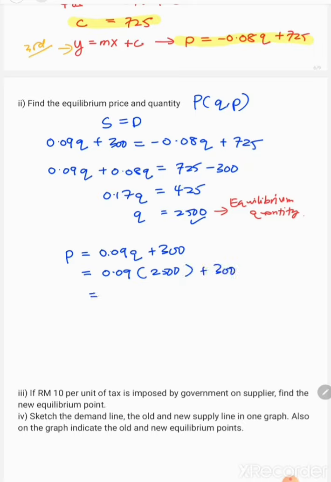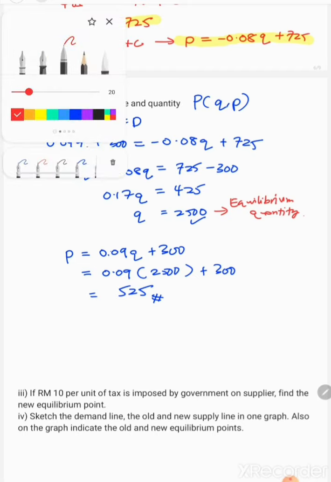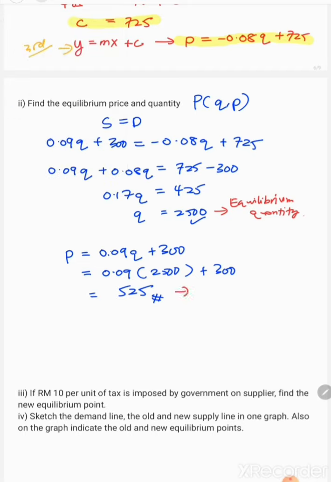We get 525. This is how we solve for the equilibrium price and quantity. To put this into a coordinate, we have quantity 2,500 and price 525.